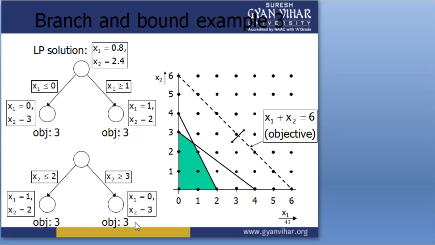So it gives an integer value, right? So again, subdivision of the problem is not possible. So this is one way of solving the branch and bound example. We move to the next section.